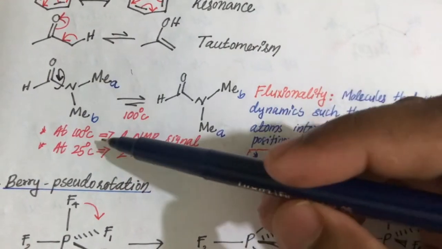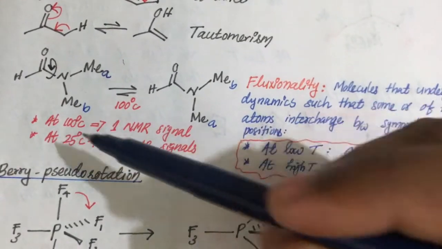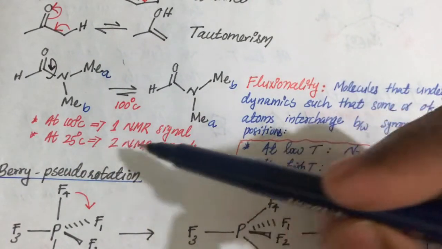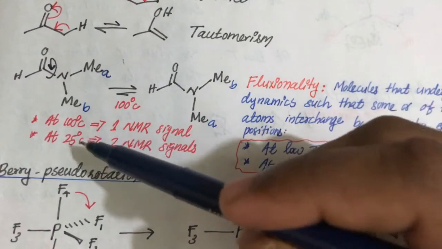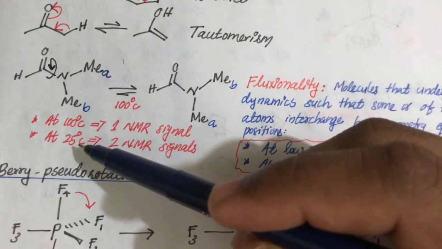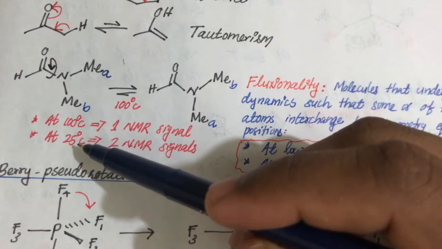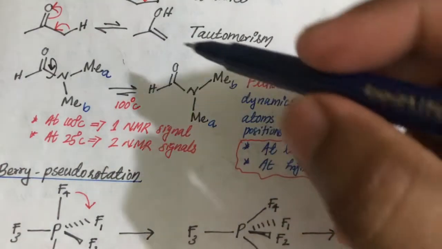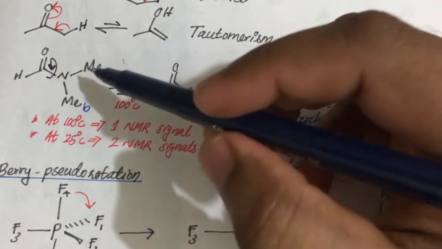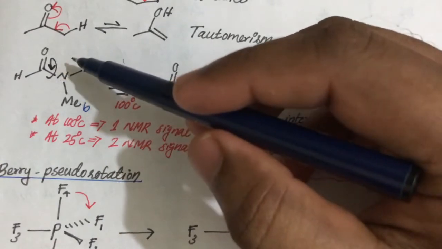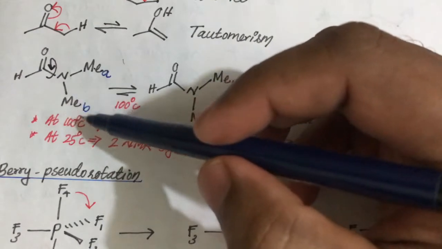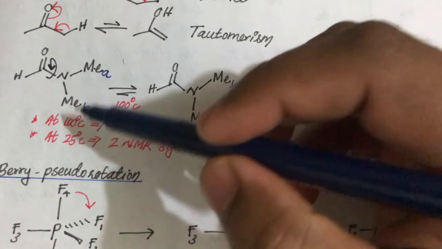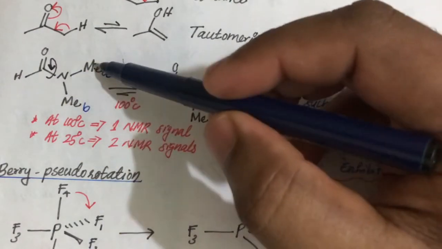But at low temperature, here it is room temperature, sometimes it is minus degrees Celsius. At room temperature, some kind of tautomerism will happen, that's why there is a partial double bond here. So at room temperature we can detect these two.